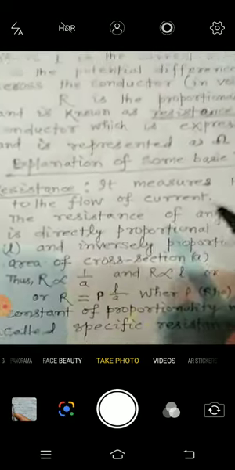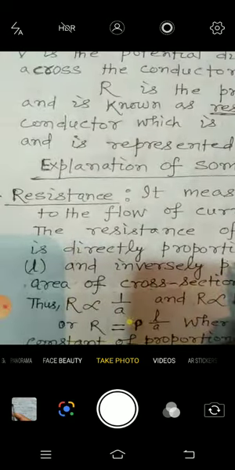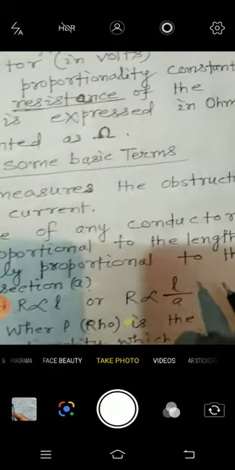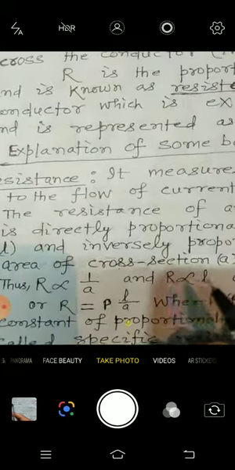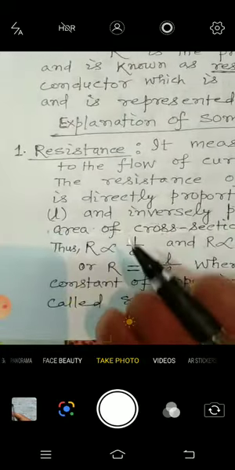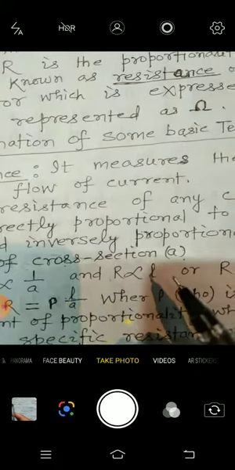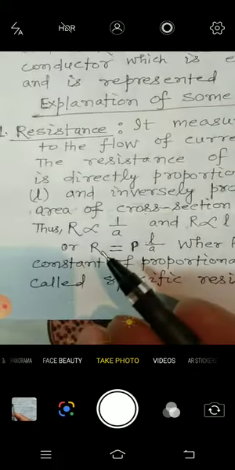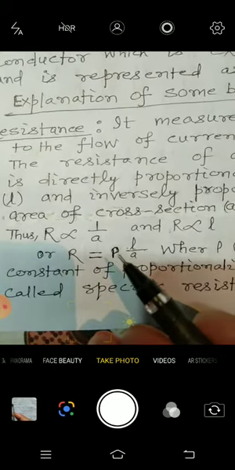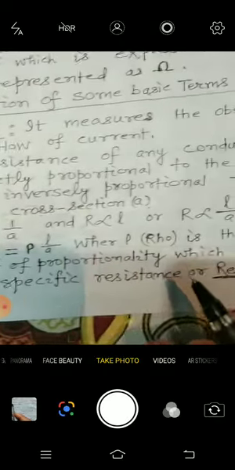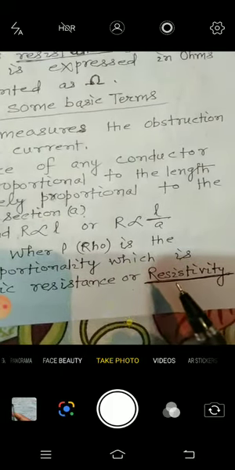So write here R is inversely proportional to the area of cross section, that is A. According to the definition, R is proportional to 1 by A and R is proportional to L. Combining these two relations, you will get R is equal to rho multiplied by L by A, where rho is the proportionality constant, which is called specific resistance, that is resistivity.